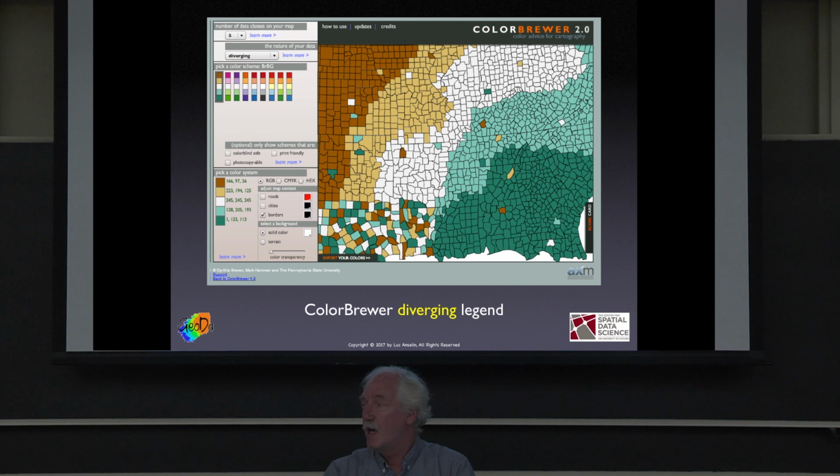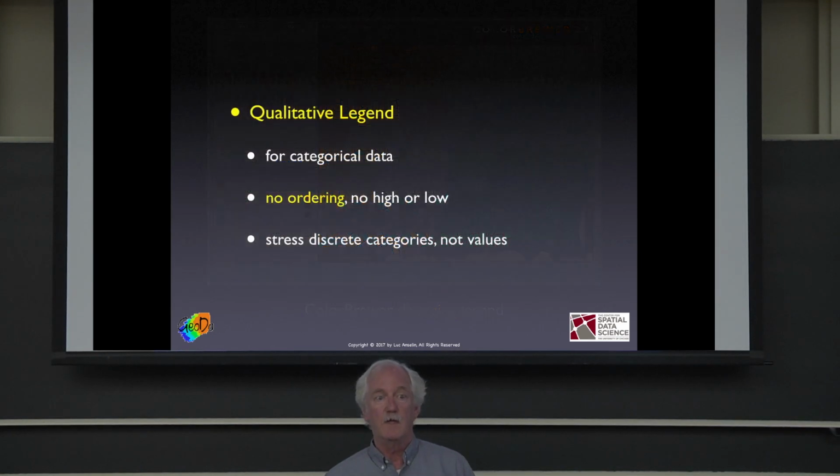You have to think about how people who cannot distinguish colors very well can get the message from your map. Similarly, visually impaired people, we tend not to think about that too much, but it does matter. And there are some rules that you can follow to be accessible.